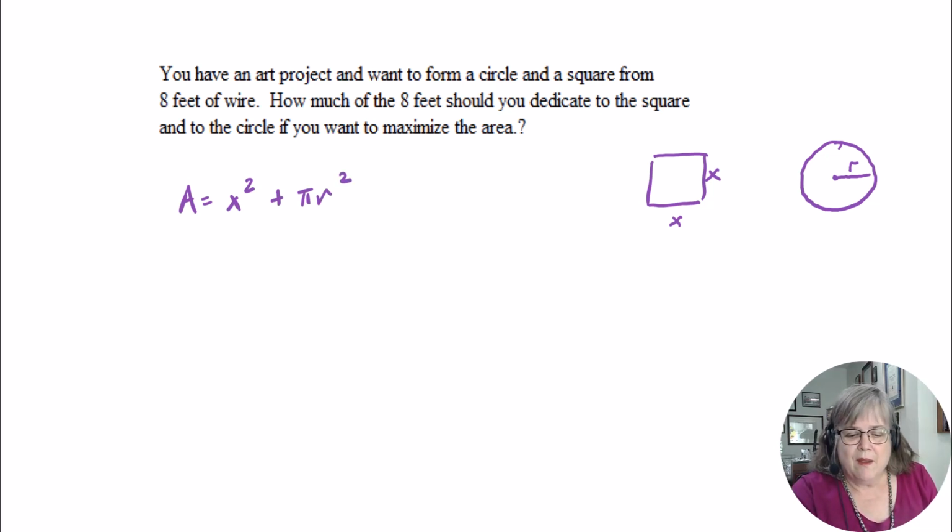Okay, now the 8 feet of wire that you're actually going to use, you're going to take the wire and form it into a square, and into a circle. So if you think about the actual mechanics of forming these shapes, the 8 feet are going to form the perimeter of the square, the outside, and the circumference of the circle.